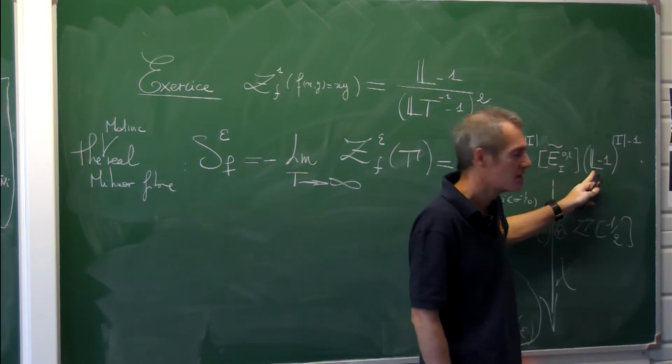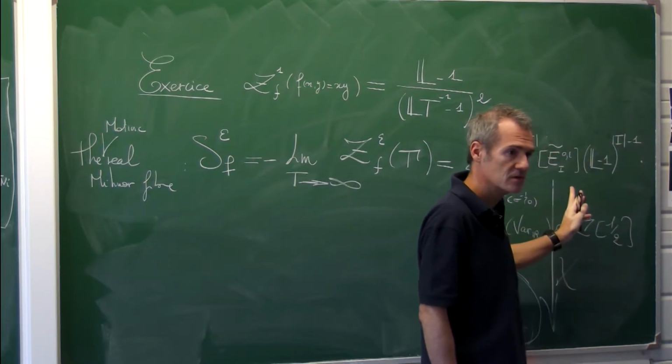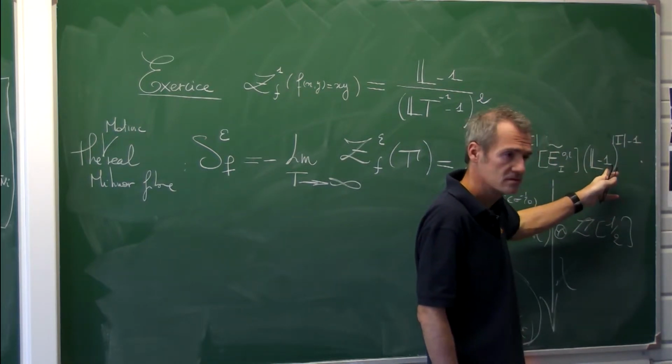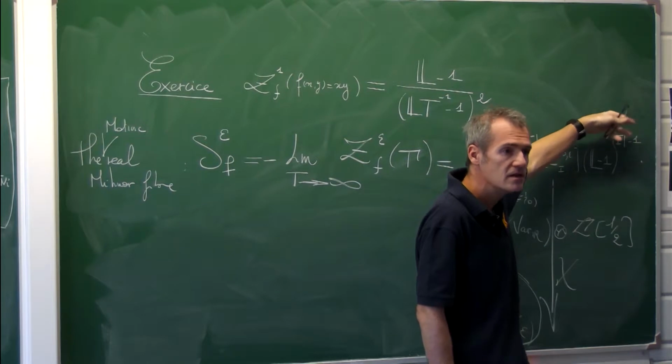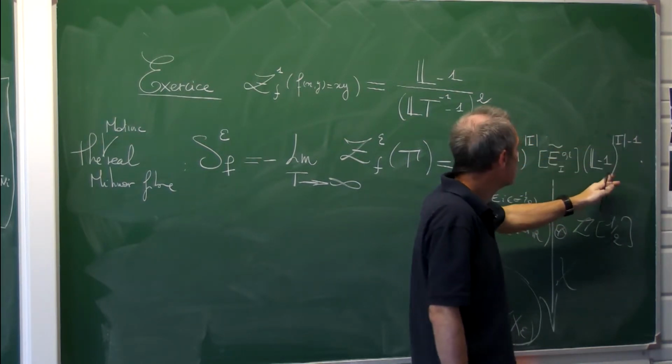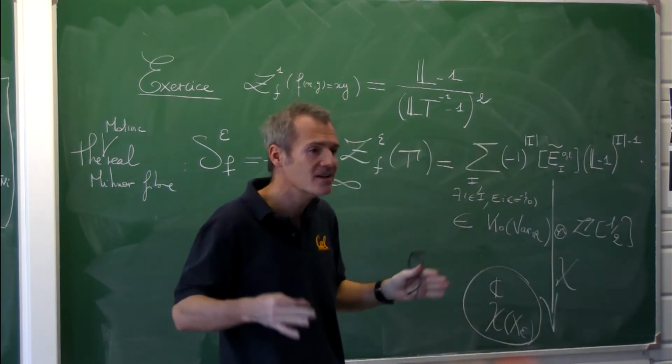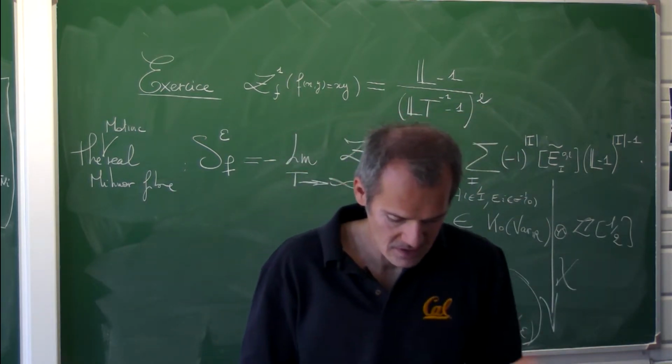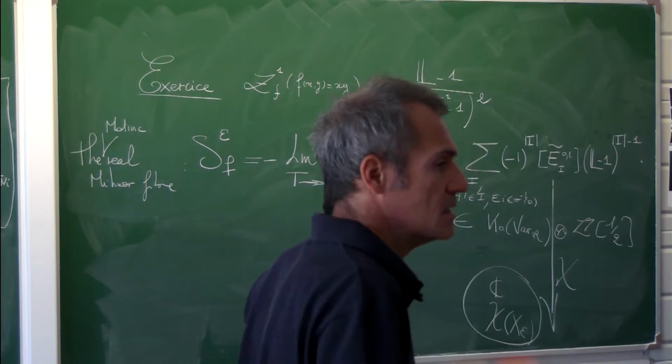So I don't have cancellation in this formula. I have -2 to any possible powers here. I have a very long and complicated sum.